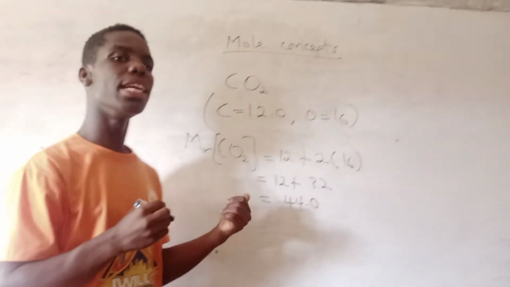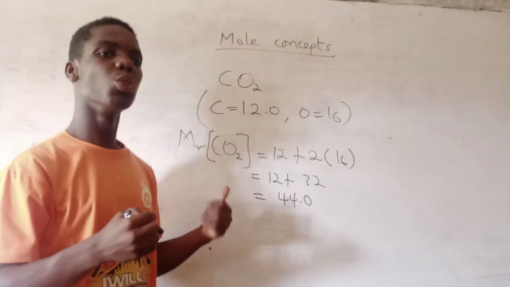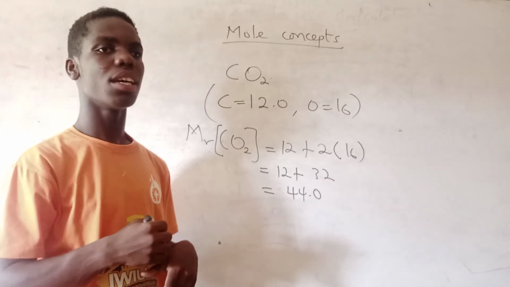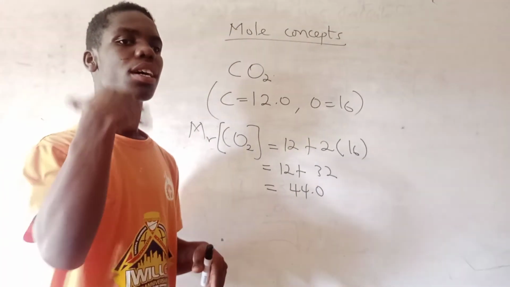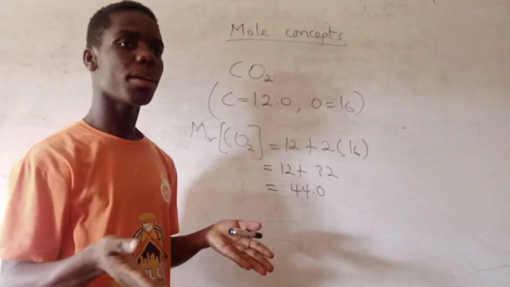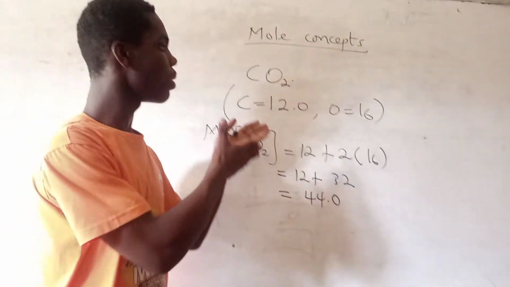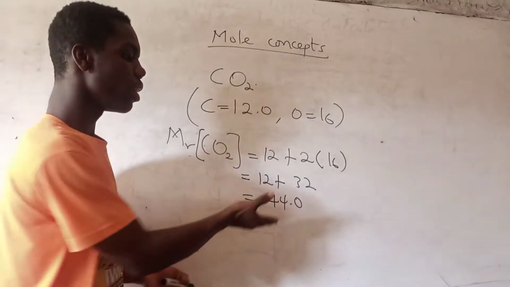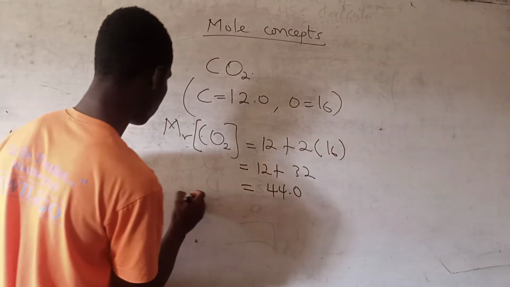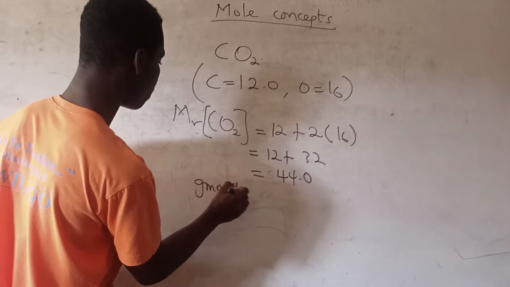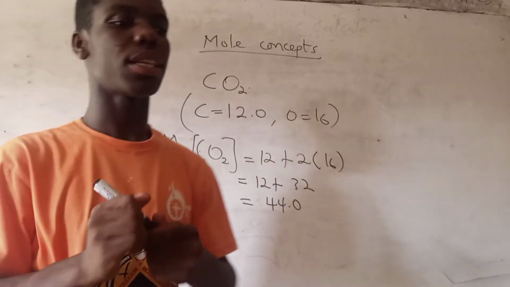Since it is a relative molecular mass, no unit is attached. When a question demands molar mass or the atomic mass of the compound, then a unit will be attached, and the unit is gram per mole.